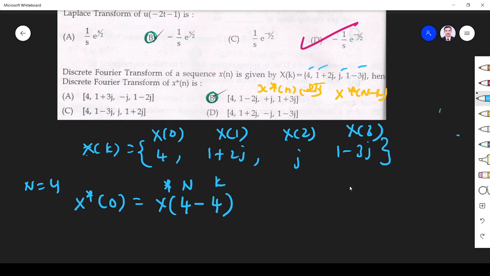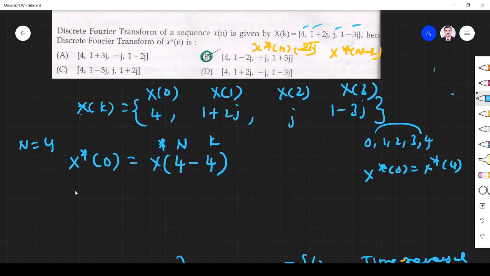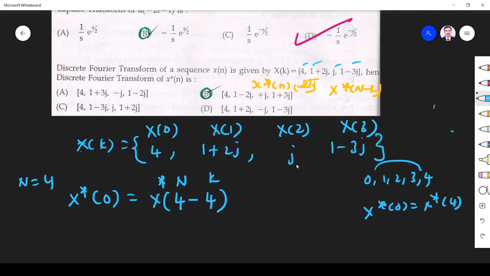We know that it's a 4-point DFT, which means k will vary from 0, 1, 2, 3. 4 is the same as 0 because DFT is periodic. So X star of 0 is equal to X star of 4. Both are the same, so this is possible.